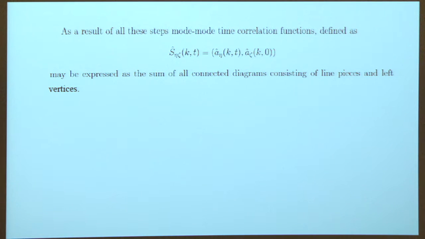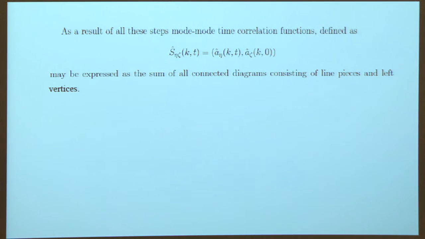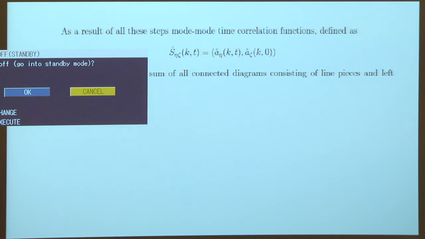And now I have a problem, and I don't need the screen anymore. I'll work from here on the blackboard. So I would like to see that, say, I have a mode of type beta with wave number k minus q, and a mode gamma with wave number q, and they combine into a mode alpha of wave number k.